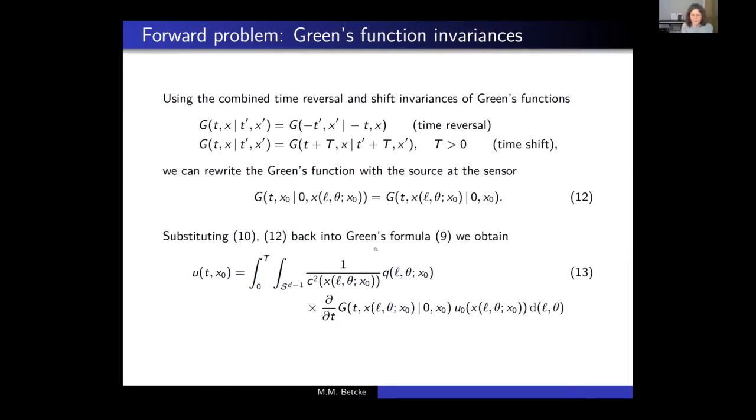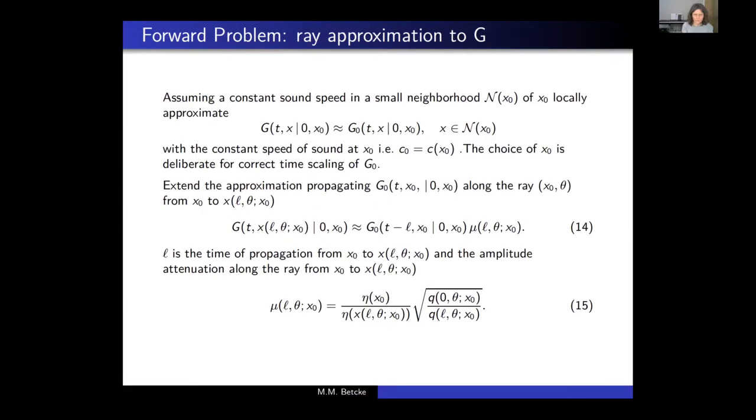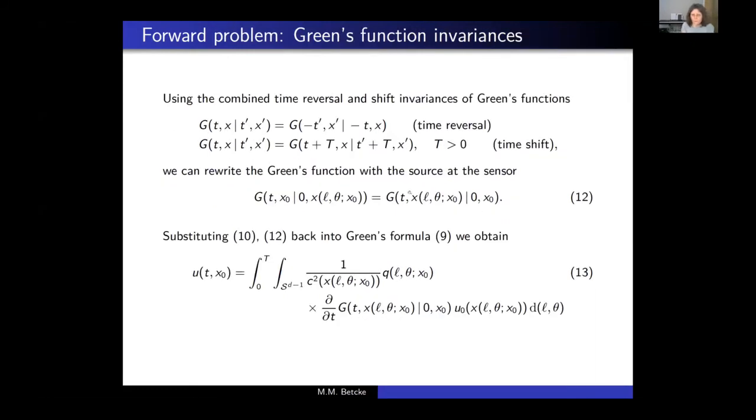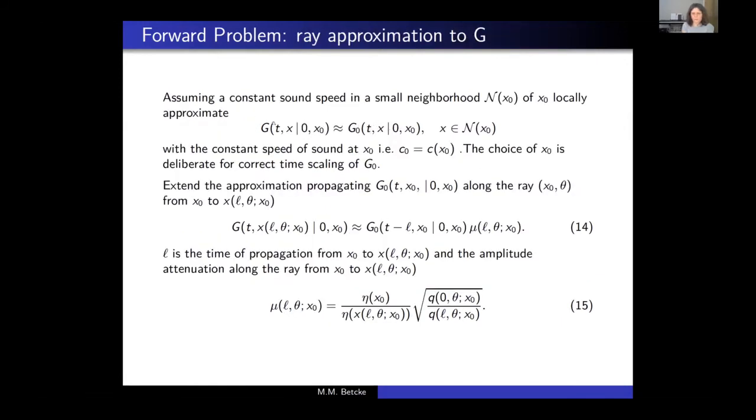So those are very simple elemental calculations that we do, and then we rewrite this integral in this way. The key point is that I've rewritten the Green's function with the source at the sensor. Now I'm going to make an assumption that close to the sensor the speed of sound is constant, and I can approximate this Green's function close to the sensor by the homogeneous Green's function in this space for the speed of sound that is at x0.